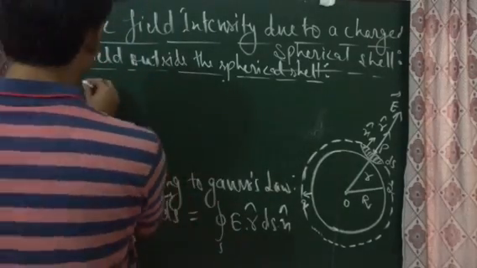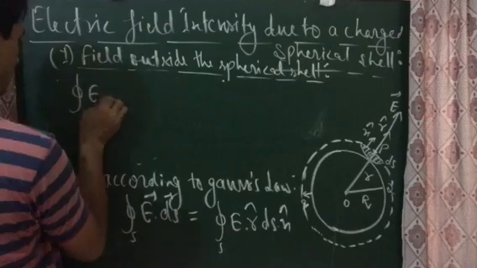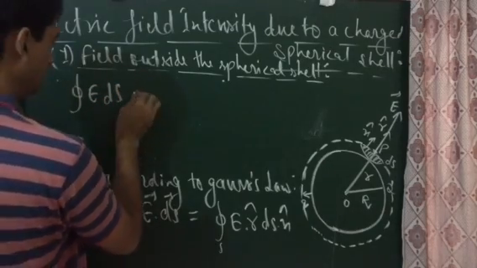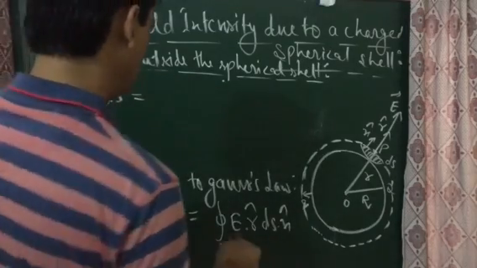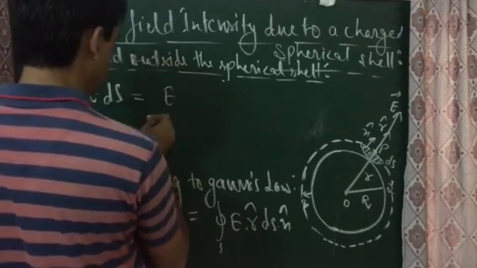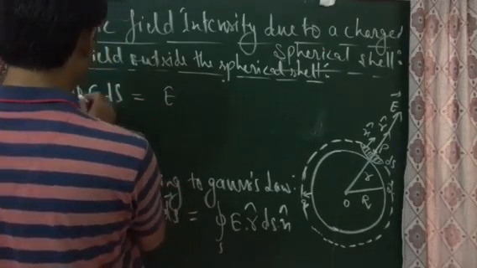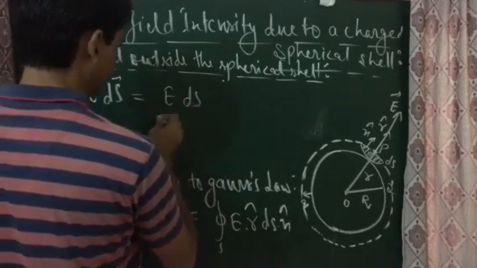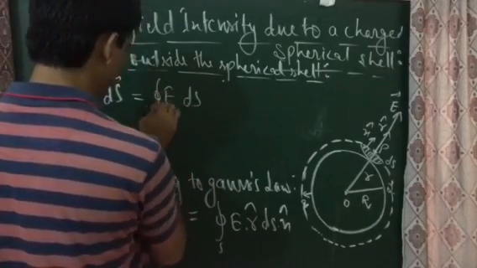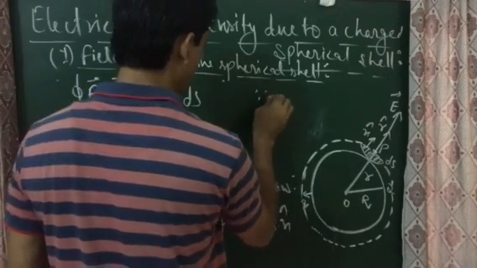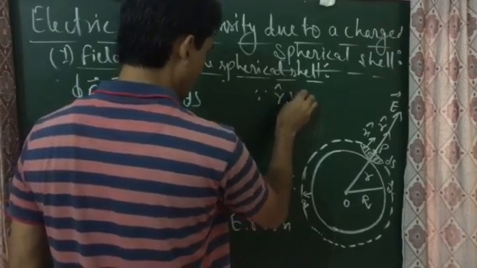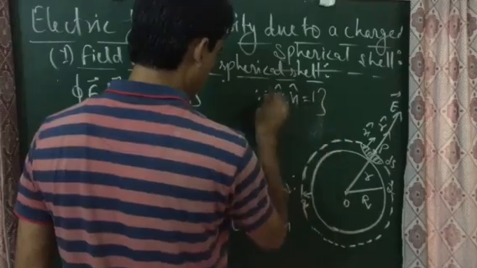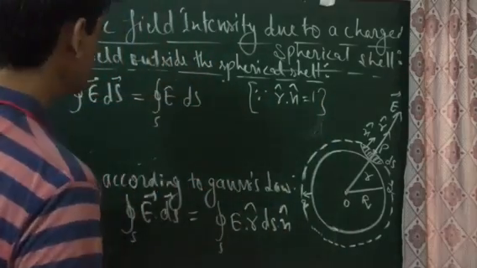dot ds and r cap dot n cap, it is equal to 1. So closed surface integral E ds is equal to E times the closed surface integral of ds, because r cap dot n cap is equal to 1.